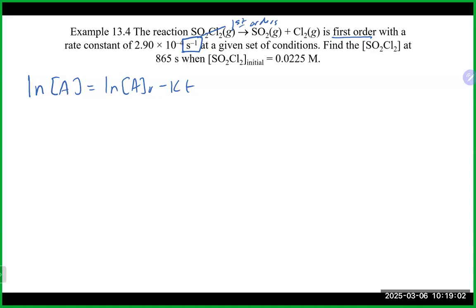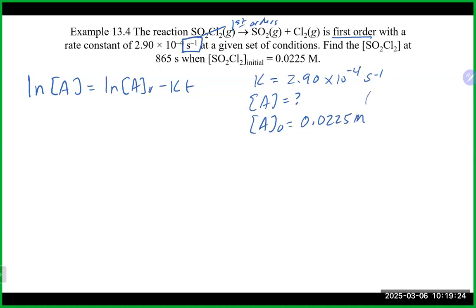Here, obviously, we do have the rate constant given, 2.90 times 10 to the minus 4. I think I scribbled over that minus. In this case, we're looking for the final concentration. We do have the initial concentration, which is 0.0225, and we do have the time, which is 865 seconds.